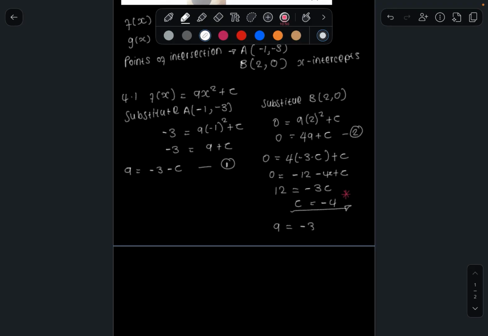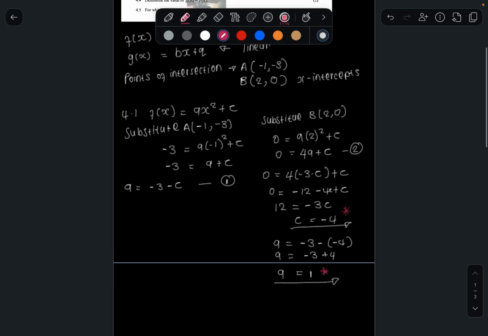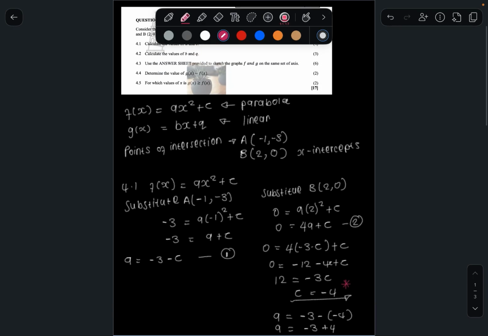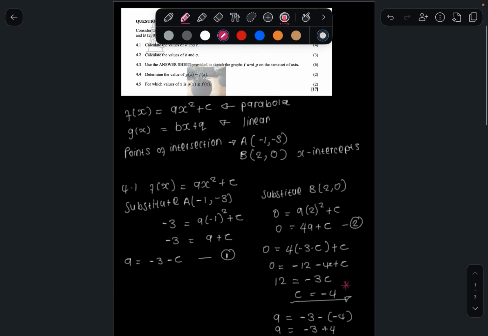a equals negative 3, minus negative 4. Be careful with that. Be careful with that. Minus 3 plus 4. a is equals to 1. Right? Find our answer. Right? So this is just a basic simultaneous equations question, basically.